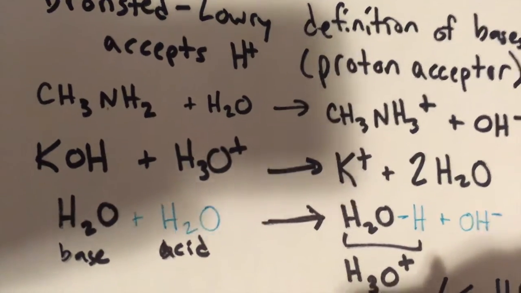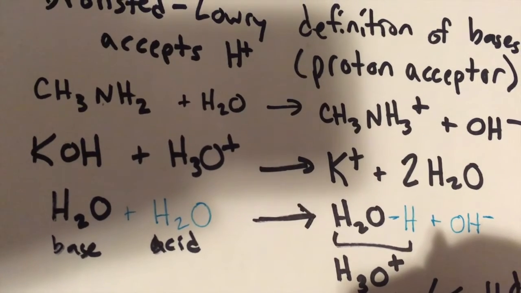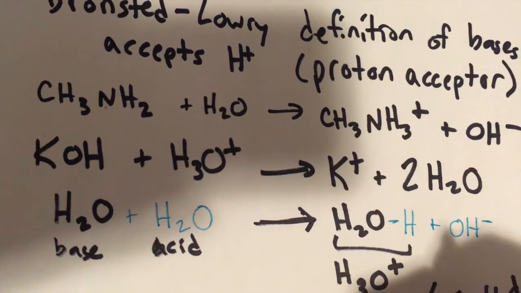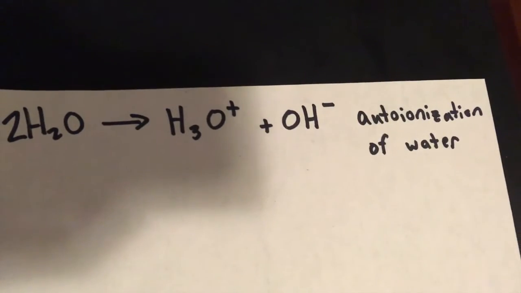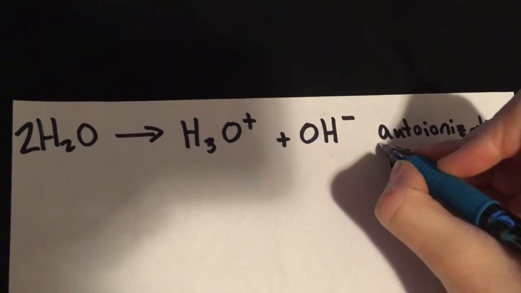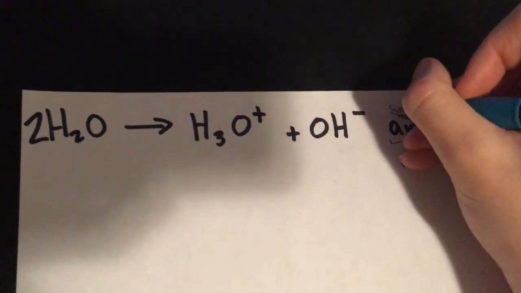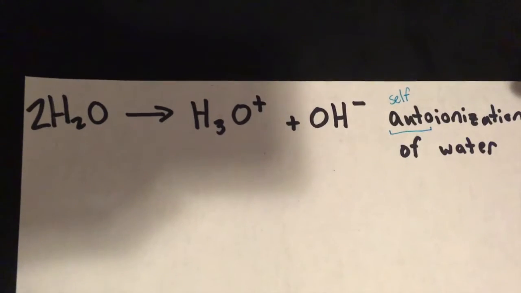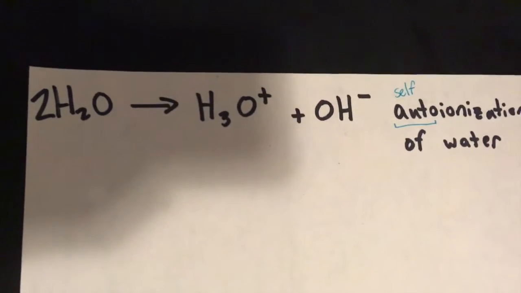This equation is called the autoionization of water, and it's a super important equation. So let's go ahead and rewrite this a little more neatly. All right, so here's my equation for the autoionization of water. If we think about this word autoionization, this prefix auto means self. You might be familiar with an automobile, right? An automobile is basically a self-moving cart.